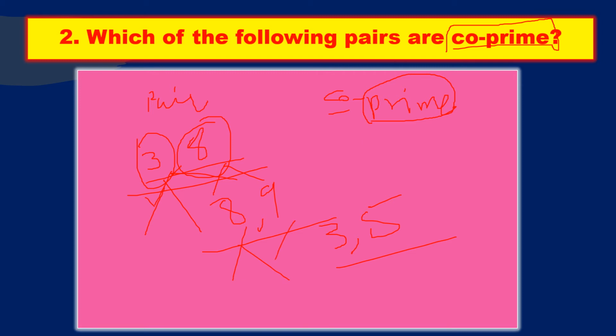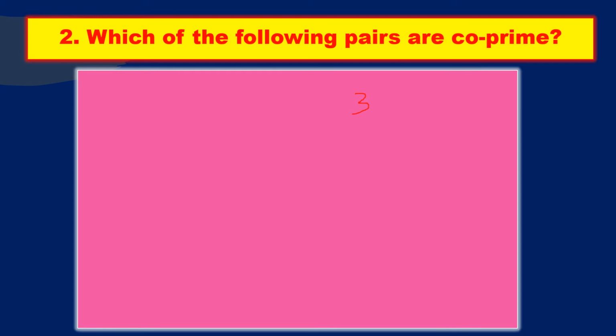The factors topic is very important. 3 factors are 1 and 3. 8 factors are 1, 2, 4 and 8. In one table it goes 8 times, in two table it goes 4 times.